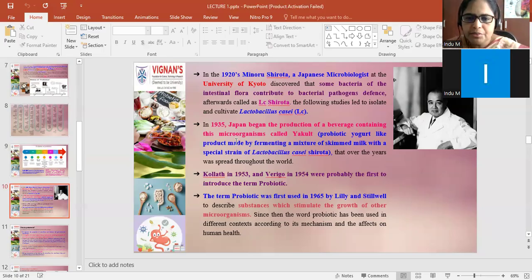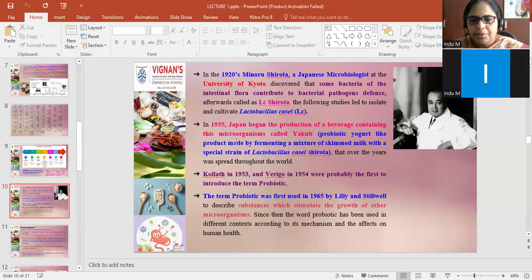In 1935, Japan began the production of a beverage, the Yakult. It is a probiotic drink made by fermenting a mixture of skimmed milk with a special strain of Lactobacillus casei Shirota, which was identified by the scientist Minoru Shirota. It was used throughout the world.